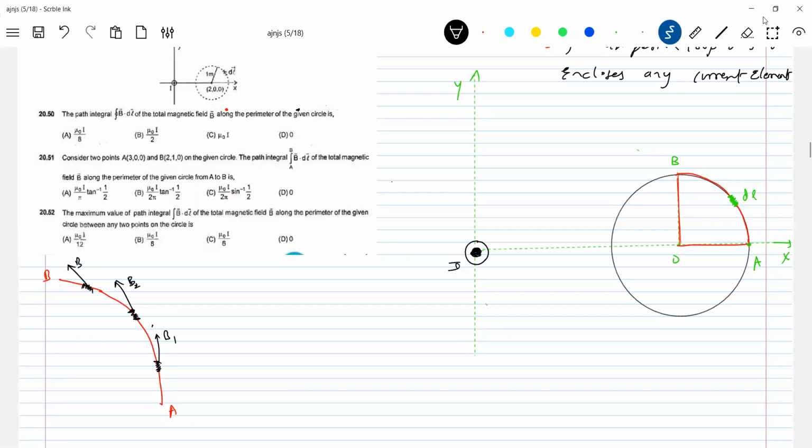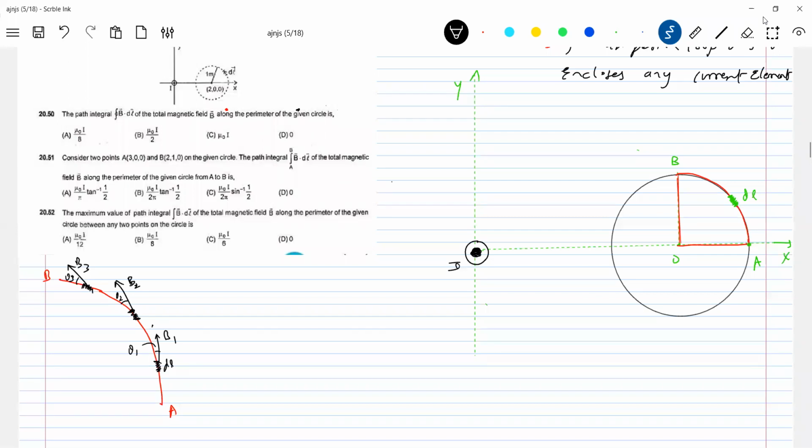So this will be B3. Are you able to get this? I think there's a big headache, no? What is the biggest problem? The LHS would be B1 dl cos theta 1, B2 dl cos theta 2, B3 dl cos theta 3. We can't solve this, no? But still he's asking and he has given options there.